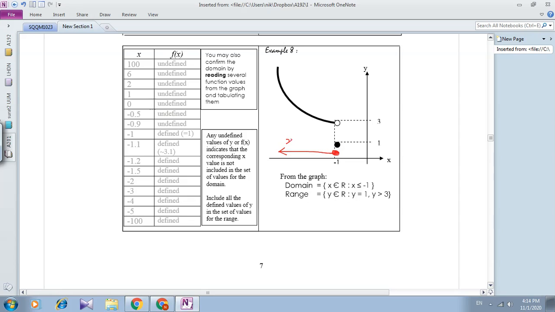So x can be any value less than or equal to -1.